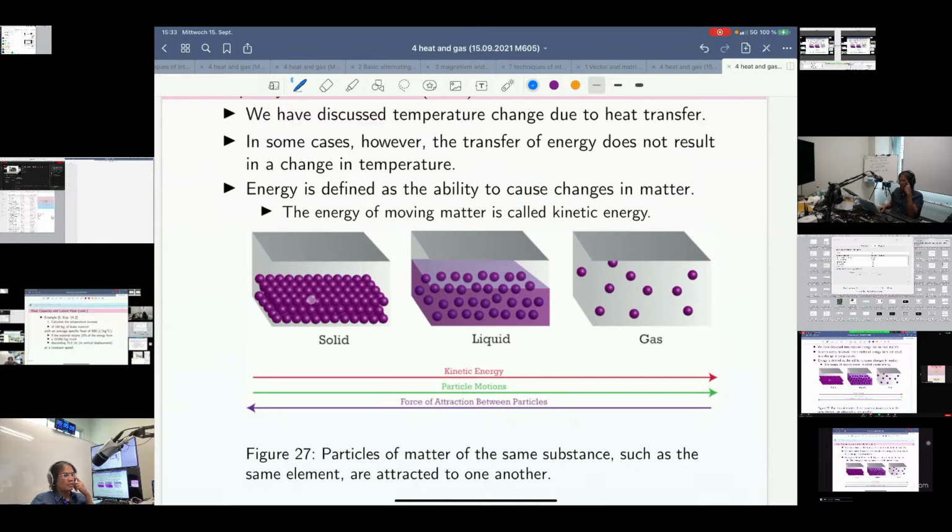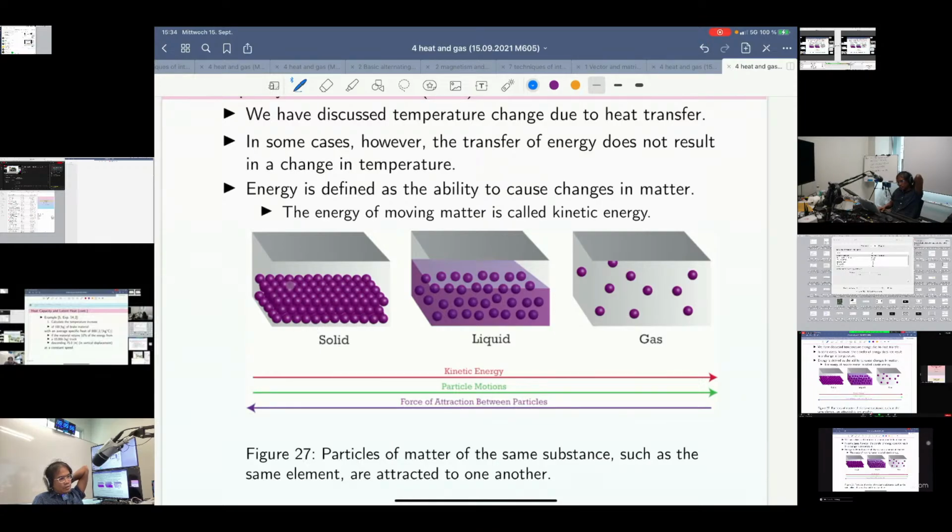They are arranged in a tidy way, and for liquid there is more space among different molecules, and for gases, the distance among several molecules is quite far apart from each other, and the kinetic energy is increasing, because in this phase there is more space, the molecules can move easily and freely, all right, and the particle motion can happen more in this case, and the force of attraction between particles will be larger for this one.